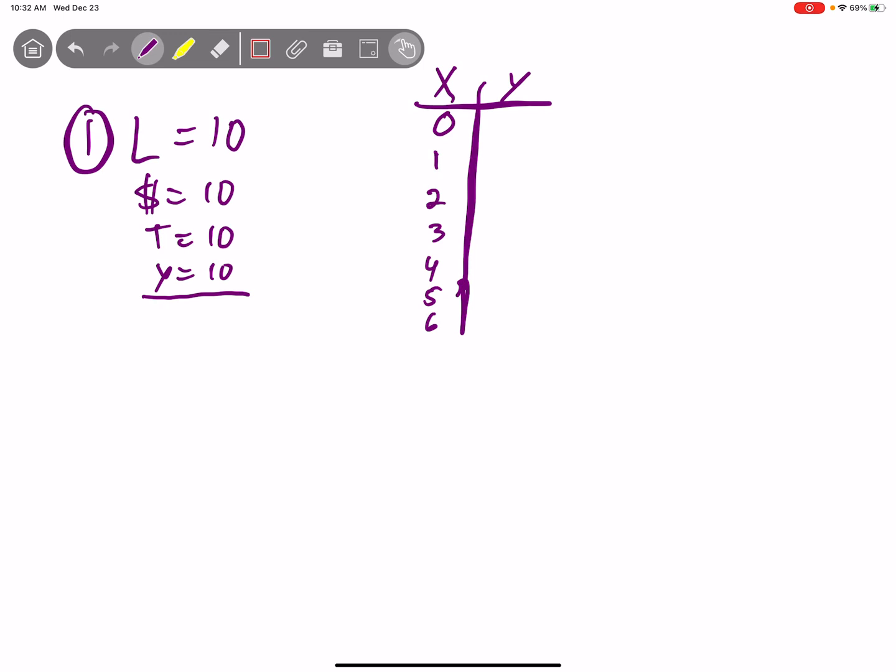Okay? How much does she get for each of these? If she walks 0, guess what? She gets $10. If she walks 1 kilometer, $10. 2, $10. 3, $10. 4, $10. 5, $10, and 6, $10, because she gets $10 no matter what.